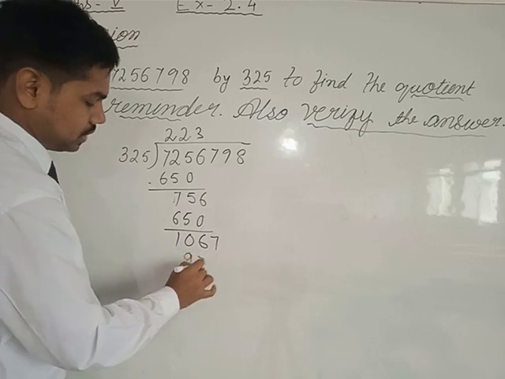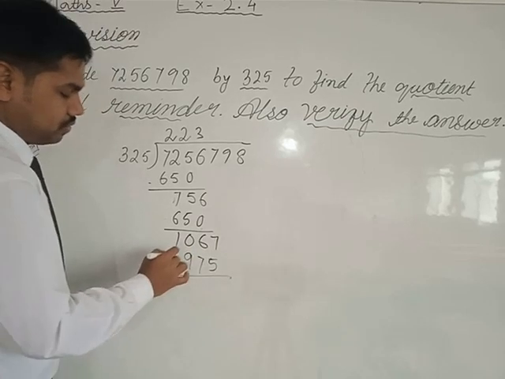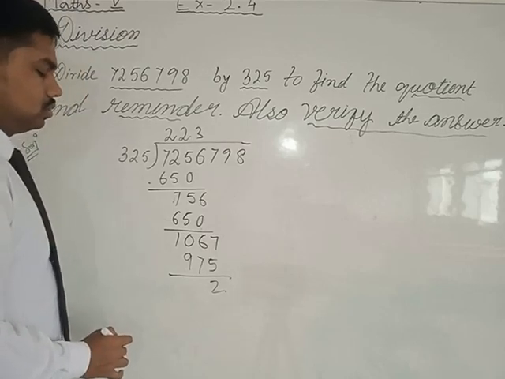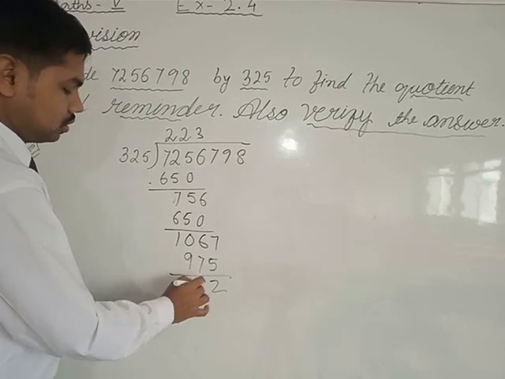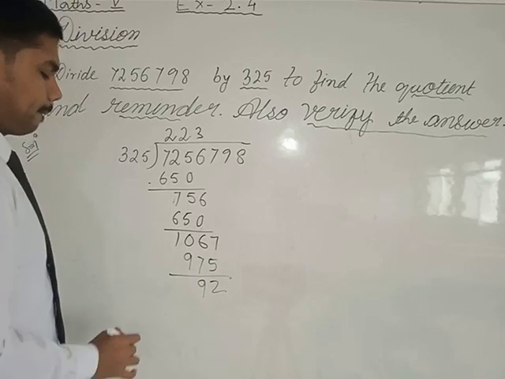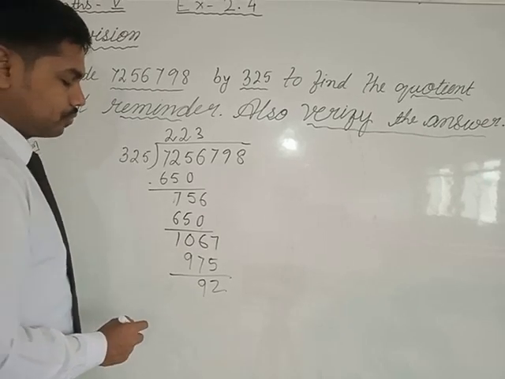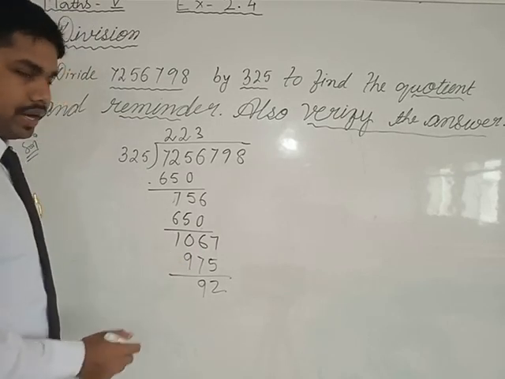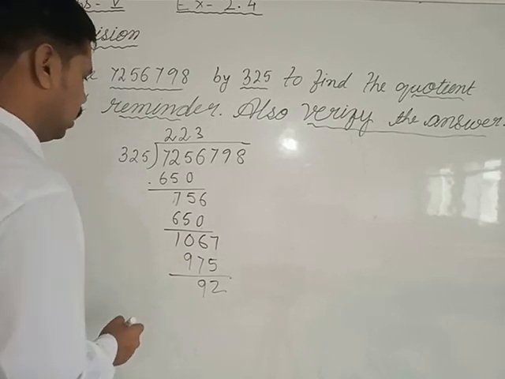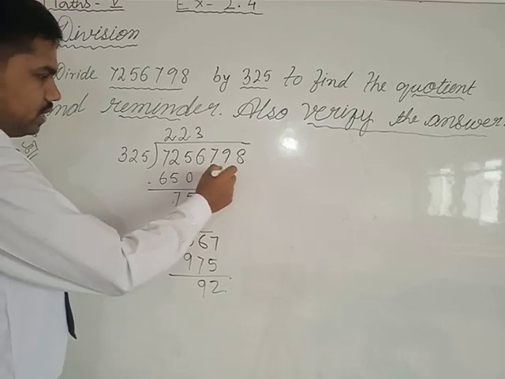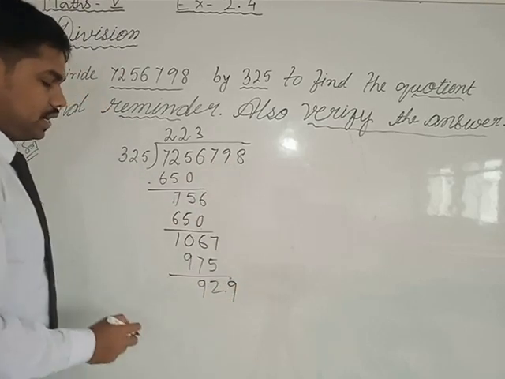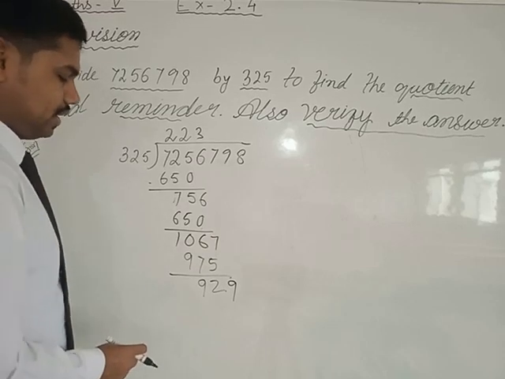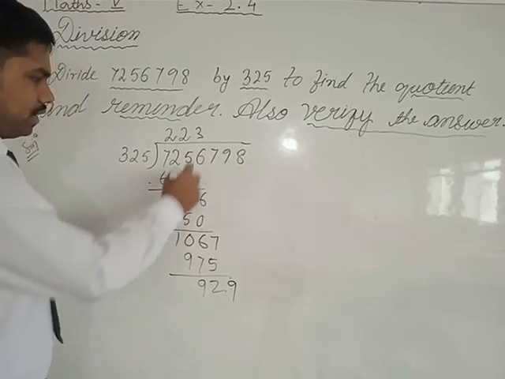So 1067 minus 975 gives 92. Now this 7 and 9 come down, then 929. So with 3 it is 975, which is more, so less than 3 means 2 again.